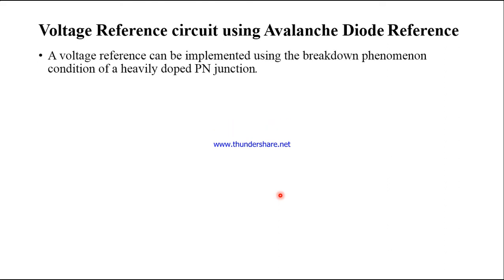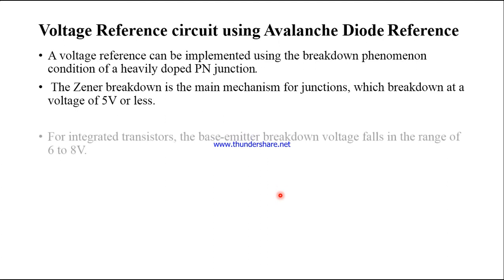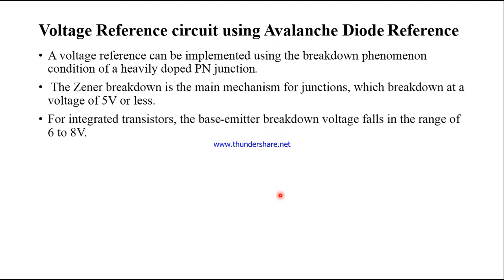Here, a voltage reference can be implemented using the breakdown phenomenon of a heavily doped PN junction. Zener breakdown is the main mechanism for junctions which break down at voltages of 5 volts or less, and for integrated transistors the base emitter breakdown falls in the range of 6 to 8 volts.